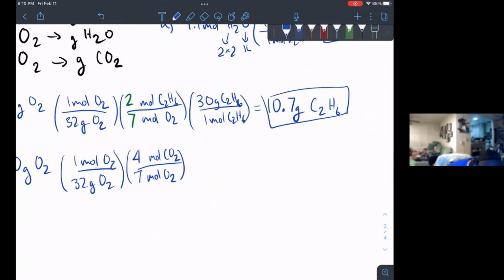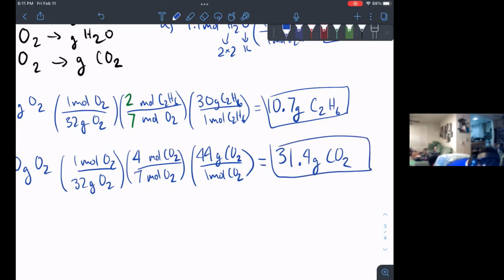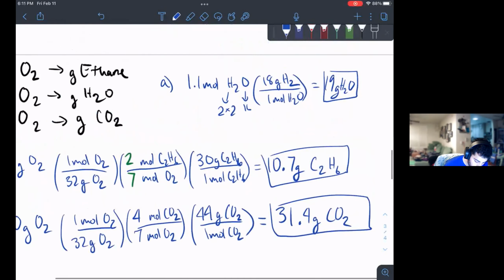And then here we just got to use the mass of CO2, mole CO2, to 44 grams of CO2. I think that math is correct. So give me just a minute to figure this one out. And this one's going to be equal to 31.4 grams CO2. All right, so that's everything.